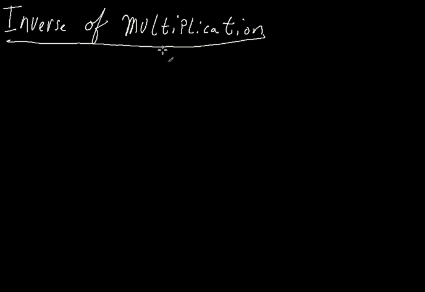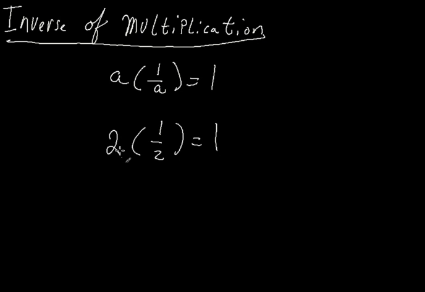So there's going to be an inverse of multiplication too, okay? So the inverse of multiplication is going to look something like A times 1 over A equals 1, okay? And again, I can pick on 2, so 2 times 1 over 2 equals 1, or half of 2 equals 1. And this is kind of like saying the opposite of multiplication is division, okay? That's, I think, a little more clear here because, I don't know, it depends on how you think about it.